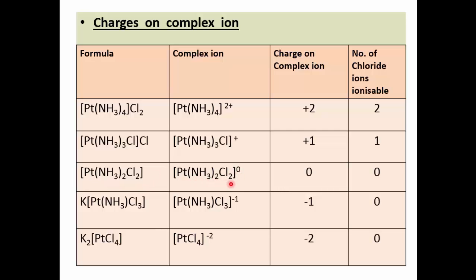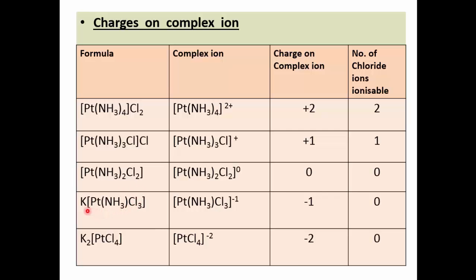So in this way, this is the complex ion present in this compound. No charge on this complex ion, as no chloride ion is present outside the square bracket. That means there is no ionizable chloride ion and hence it is not precipitated by AgNO3. That means in this complex there is no primary valency. These two groups, ammonia and chloride ion, act as secondary valency.